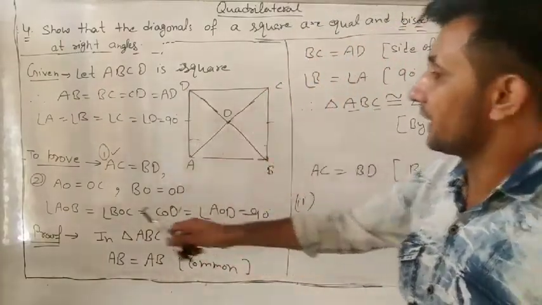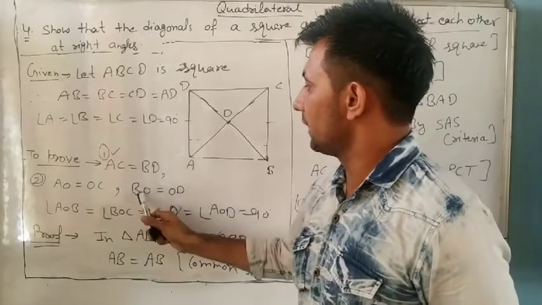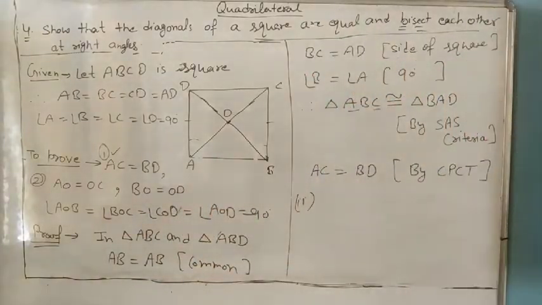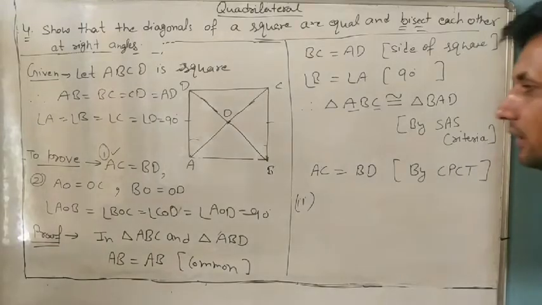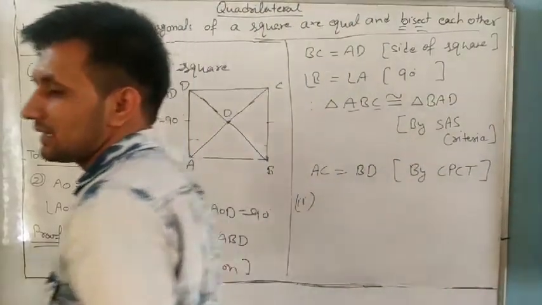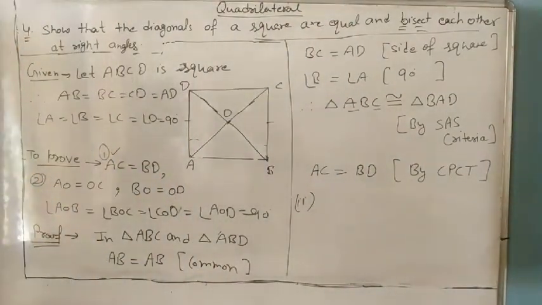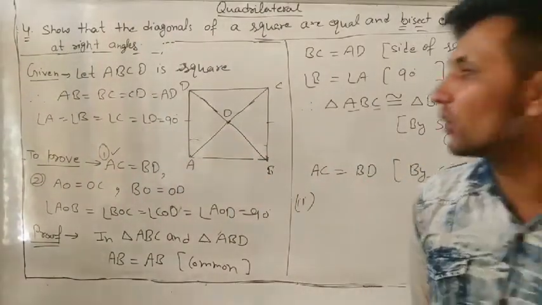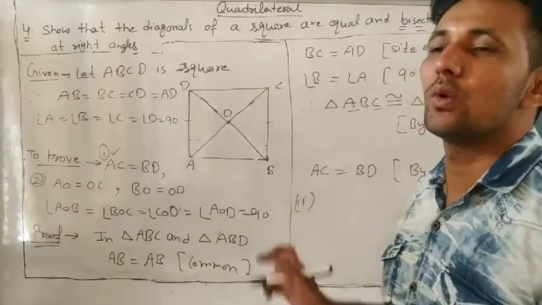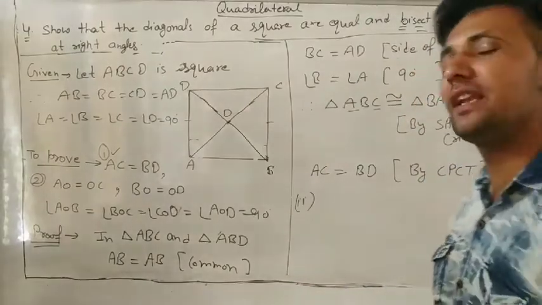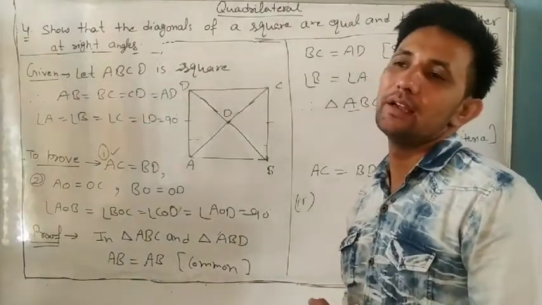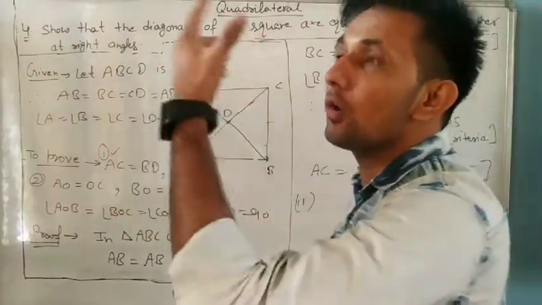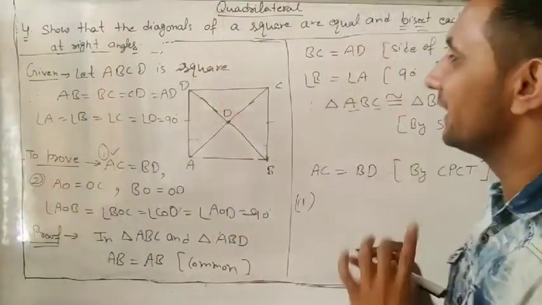Second part, we will prove that now. Diagonals bisect each other. AO equal to OC and BO equal to OD. We want to prove that. Can you say that directly? Do the diagonals bisect each other or not? Yes. Why? Because, what is the definition of a square? The definition of a square is a parallelogram in which each side is equal.